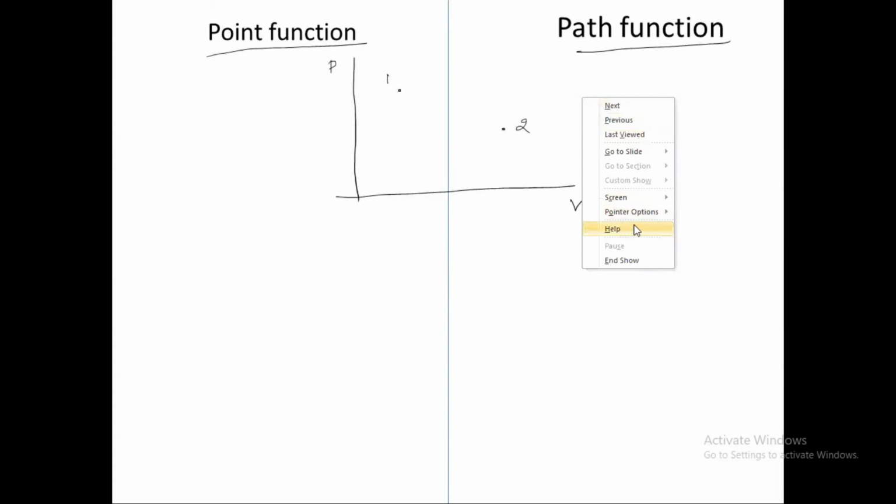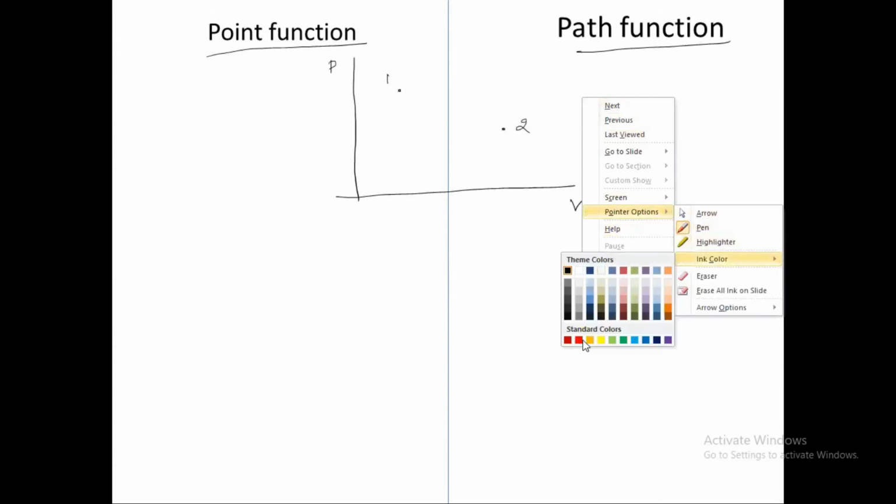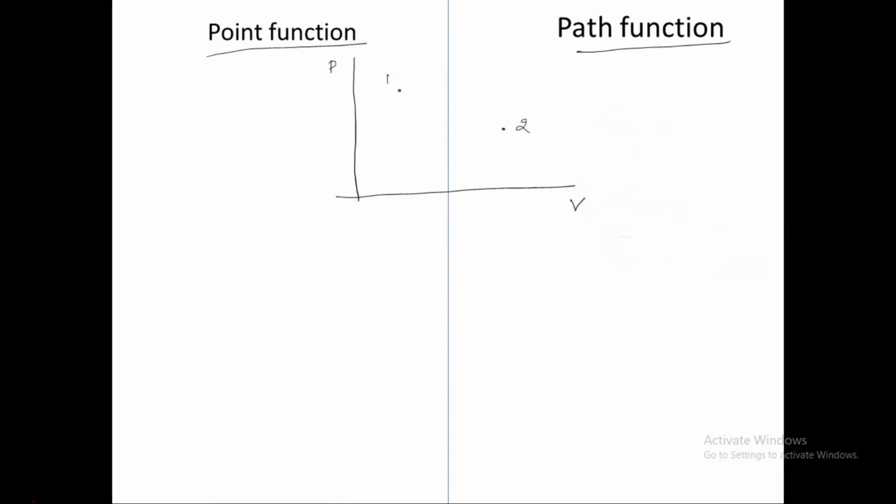Now, a change of state is taking place from 1 to 2 by following a path. Let me call that path A. Similarly, it can follow path B to reach 2. One more process it can follow is path C. Therefore, there are three paths A, B, C in achieving the state 2.